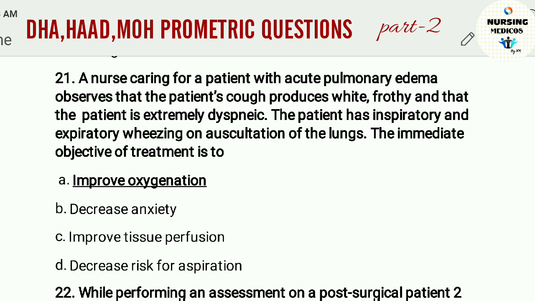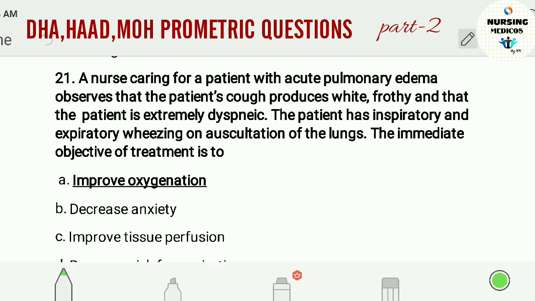The immediate objective of treatment is to: A, improve oxygenation; B, decrease anxiety; C, improve tissue perfusion; D, decrease risk of aspiration. So our answer will be that we have to improve oxygenation.